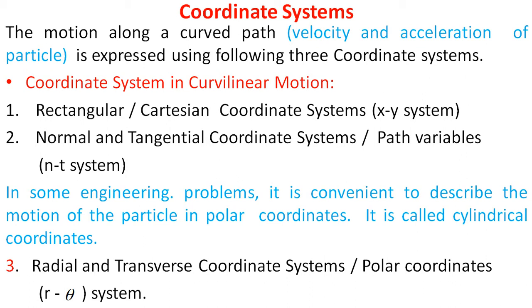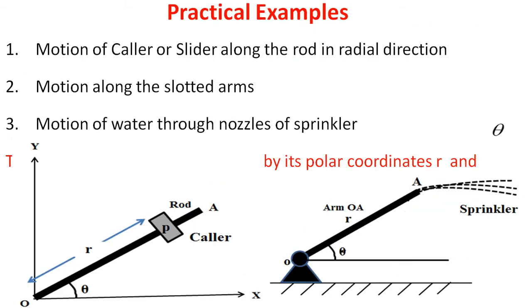So what are examples of that type of motion? If we observe the motion of a slider along a piston, this is the piston and this is the slider or collar. This collar is moving on this rod to and fro, or we can say up and down.